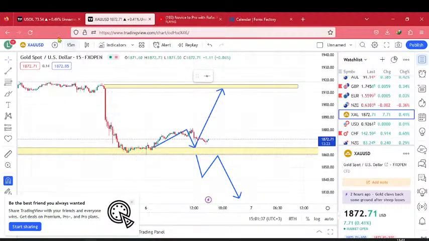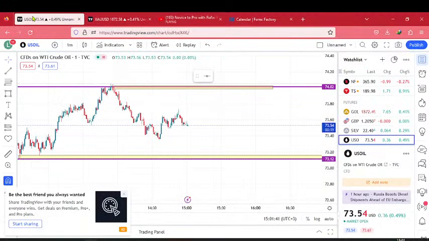This is gold against the US dollar. You have seen the minimum you can trade is 0.01. If you're looking to set your stop loss here, you will be risking $7 and going for a potential profit of, in this case, $22.33.